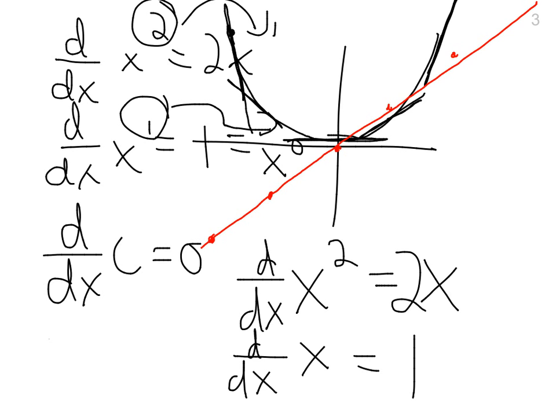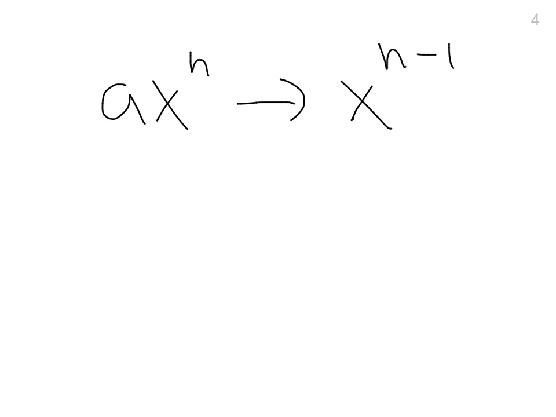So for the more general case, let's say you are doing the derivative of x to the n, some function. It's going to go to x to the n minus 1. Now what happens even more generally, if it's a times x to the n?